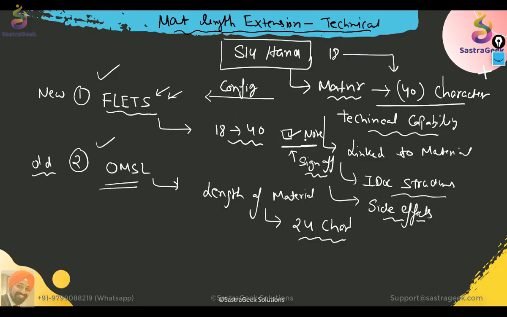Okay, so you need to go and read the SAP note, and by reading the SAP note, make sure that you understand what kind of side effects can be there, or what kind of things you need to check before you do the extension of your material from 18 to 40 characters. Okay, so side effects and the implications we need to check. Can anyone highlight, try to think what kind of implications can come if you extend your material length from 18 to 40 characters?